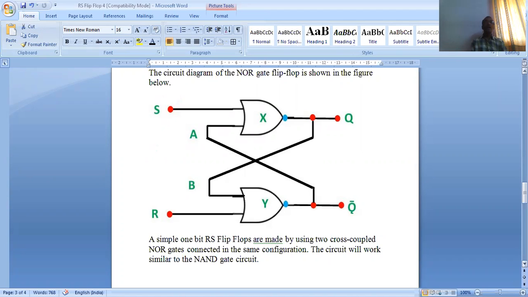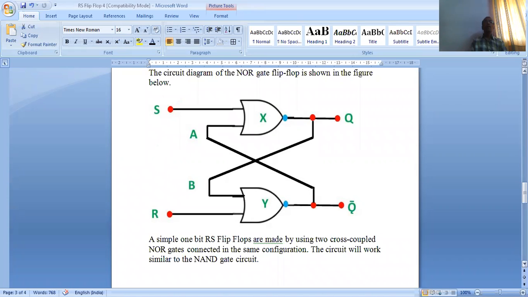When R equal to 0, the output of the lower NOR gate Y is equal to 0. That is Q bar equal to 0.